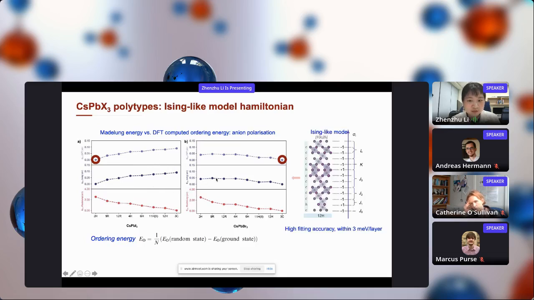So considering the binary nature of the stacking sequence, an Ising type model Hamiltonian can be built to evaluate the stacking, the ordering energy, and the total energy for different polytypes. As shown in the second panel, we can see that the Ising type model gives a very high fitting accuracy, with the largest error for the ordering energy being only 3 meV per layer.